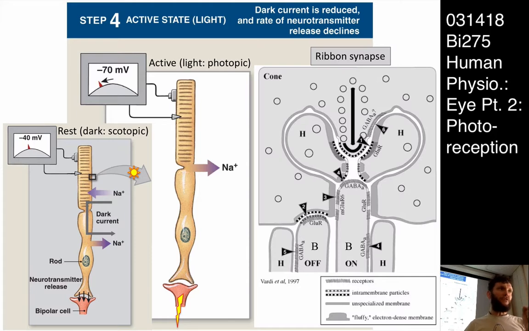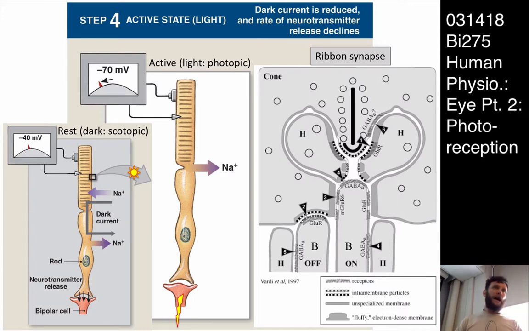It's incredibly sophisticated, and this is just a schematized diagram of the most simplistic manifestation that you could find, in this so-called ribbon synapse. Multiple cells are involved here.